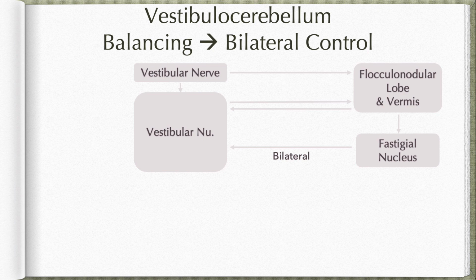Now, this projection is bilateral. That is how the posture is maintained, because it's going to project predominantly to the trunk muscles as well as to the proximal limb muscles thereafter.